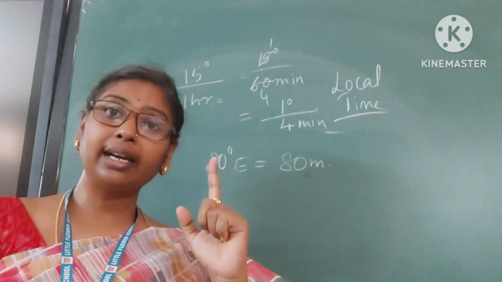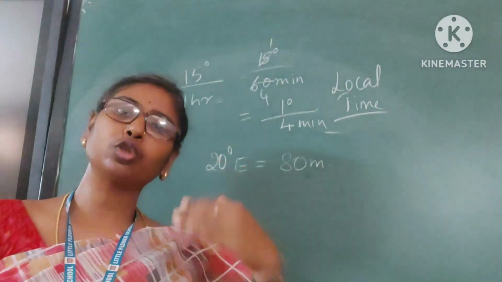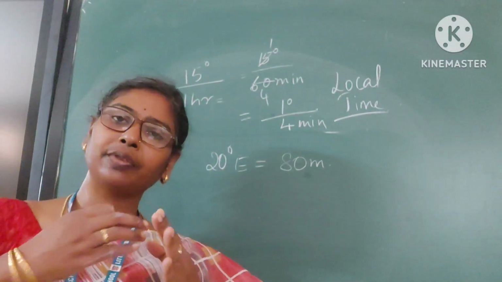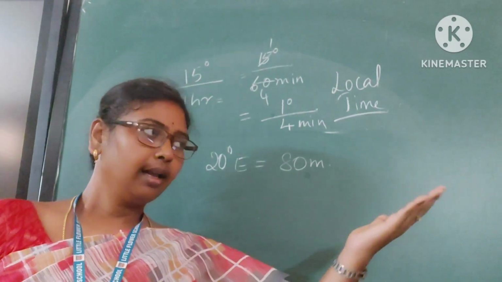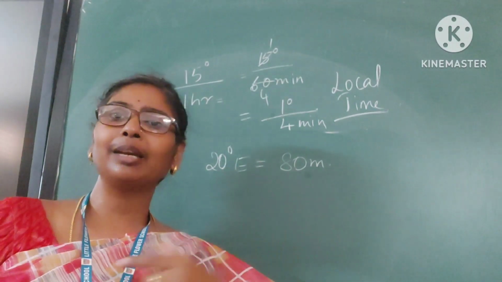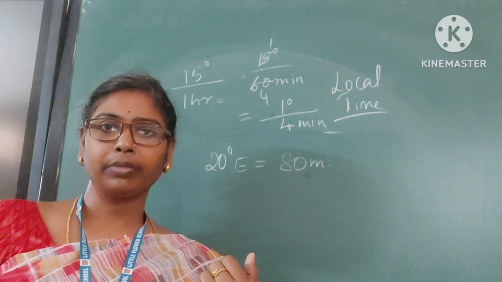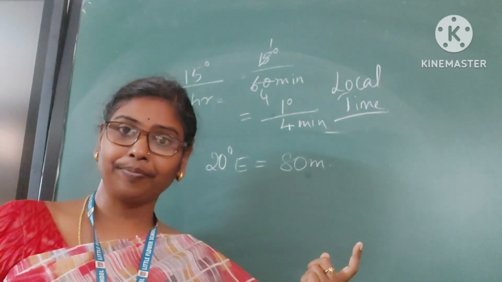But in one country you have so many places with so many latitudes, so many longitudes, right? My neighboring place is there, like Hyderabad. Hyderabad's longitude is not the same as my place's longitude, so the time from Guntur to Hyderabad will be different.